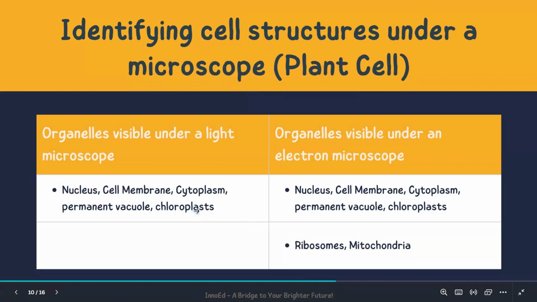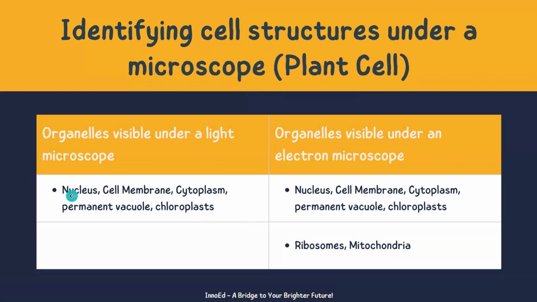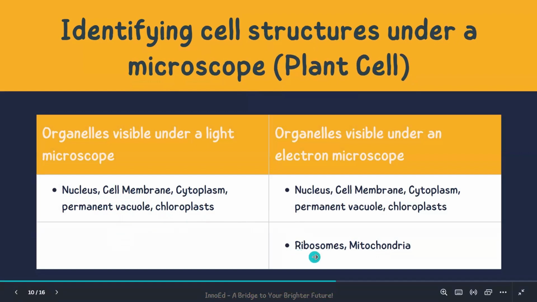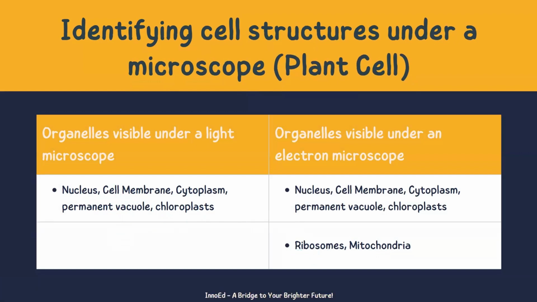The plant cell, to identify nucleus, cell membrane, cytoplasm, permanent vacuole, and chloroplasts, we can use a light microscope. But for ribosomes and mitochondria, we have to use electron microscope.